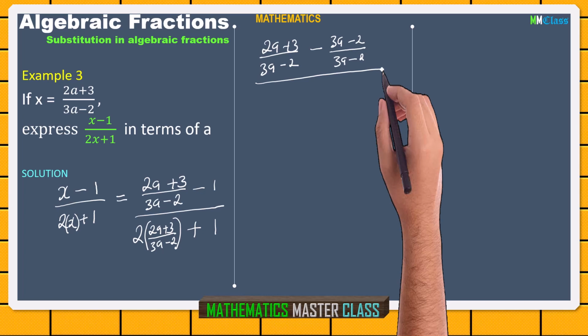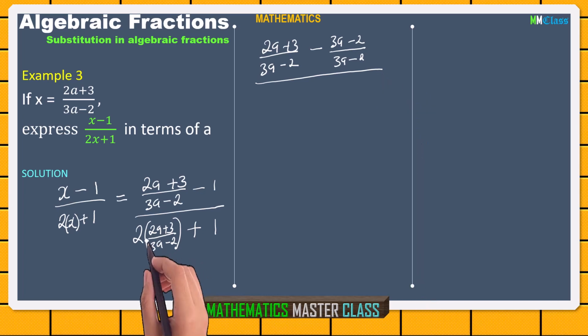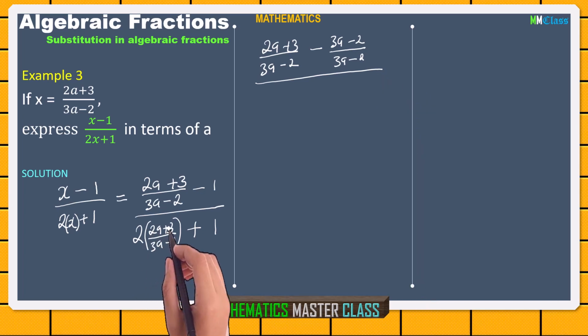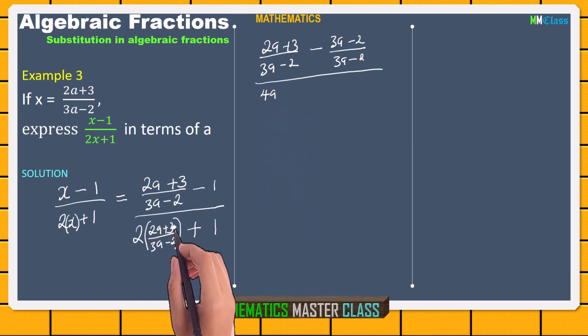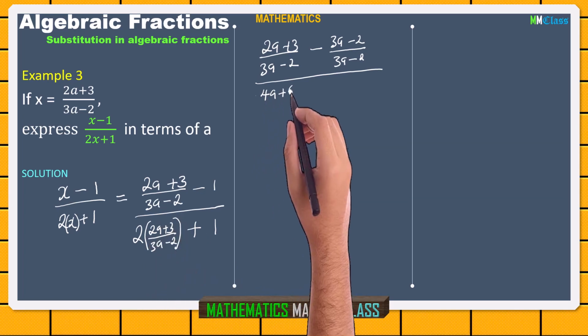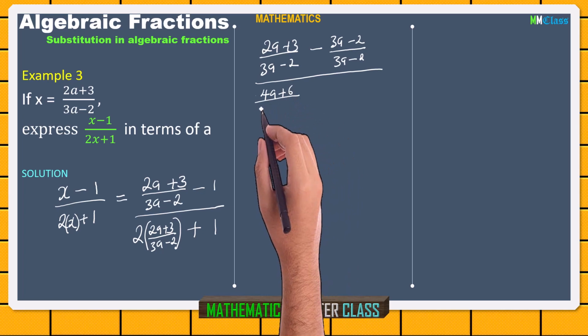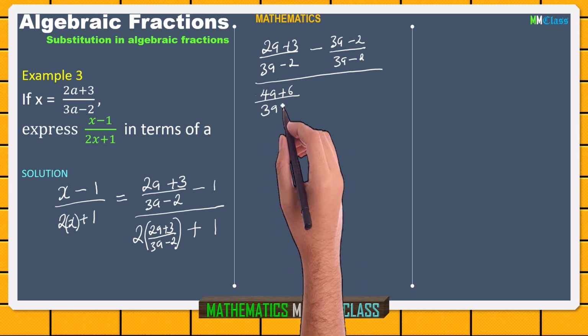So we do the same thing in the denominator, but remember this 2 has to multiply the numerator inside the bracket. So we now get 2 times 2a will give us 4a. Then 2 times plus 3 will give us plus 6, all over the denominator 3a minus 2.